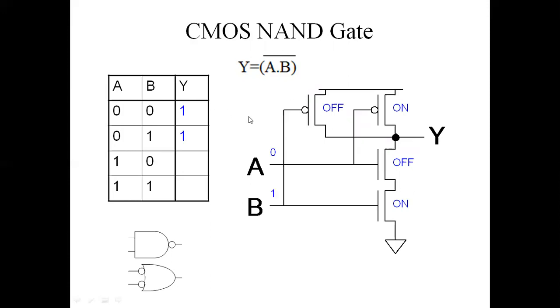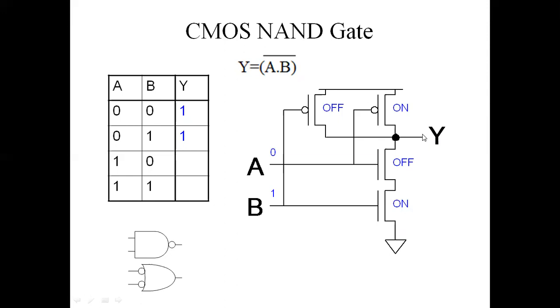In the next case for the 0 and 1, here the 0 is applied here and 1 is applied here. So one of the transistor NMOS is off and one of the transistor PMOS is off here. So what happens here? Again, this is a parallel combination. So again, the output is connected to the VDD, because when any one of the transistor is off, there is no path present between the Y and the ground.